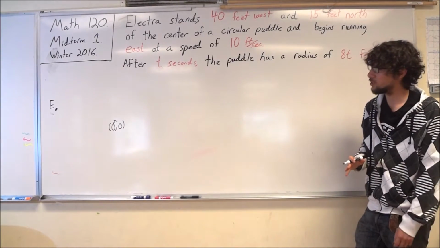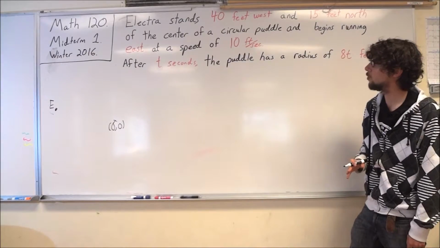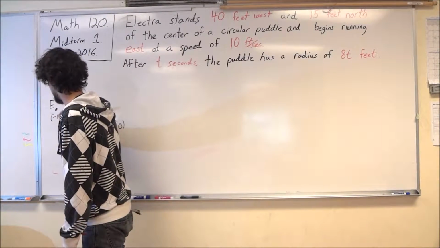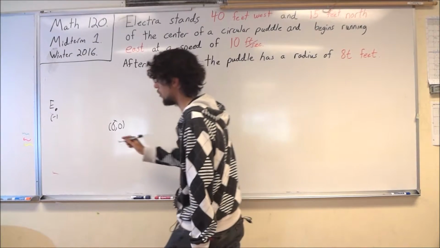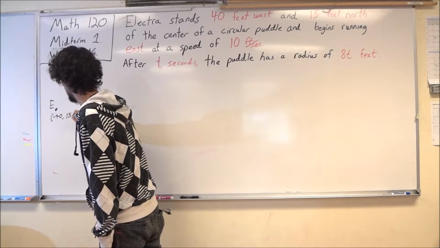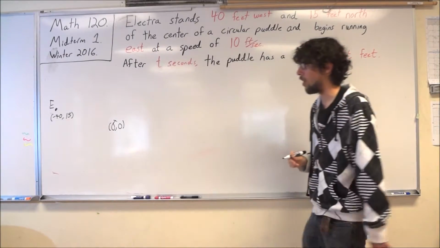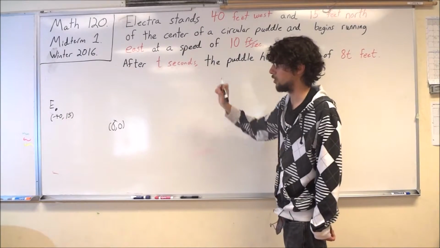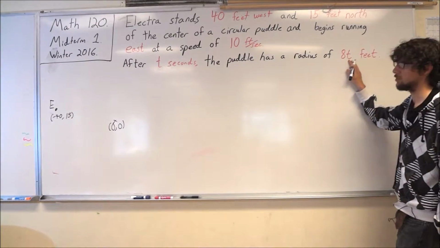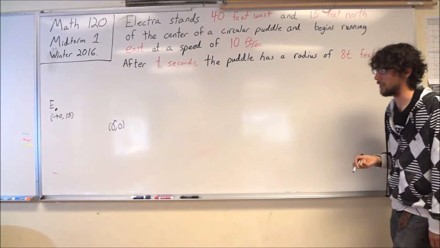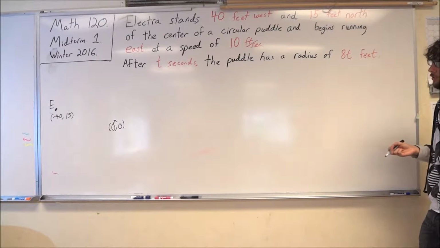And I can describe Electra's coordinates as negative 40, comma 15. And this is what's going on at t equals 0. And at t equals 0, the puddle has a radius of 0 feet. So the puddle is just a little tiny dot, not even that, I guess.